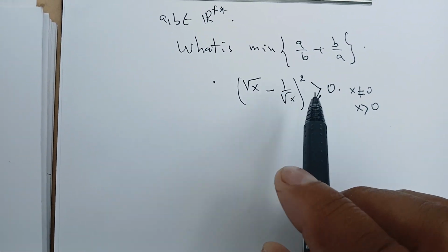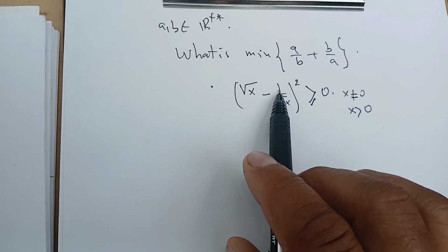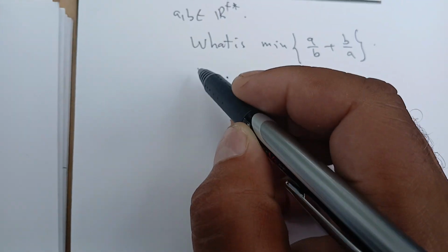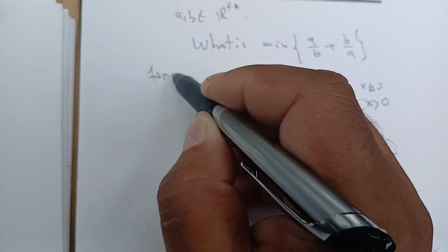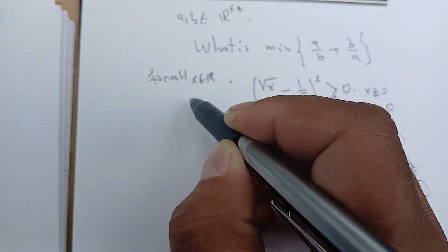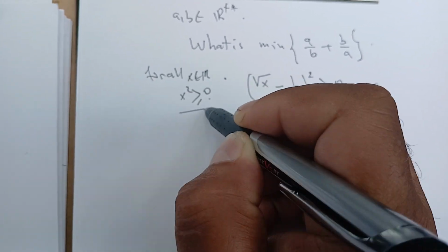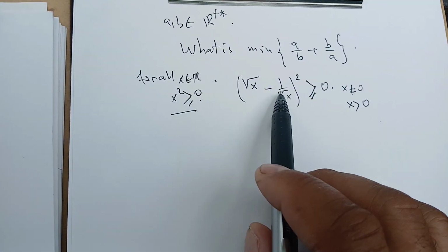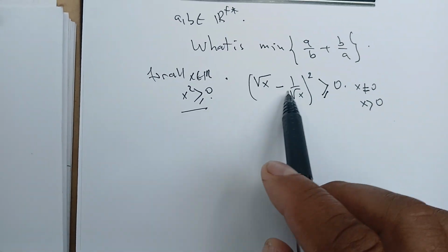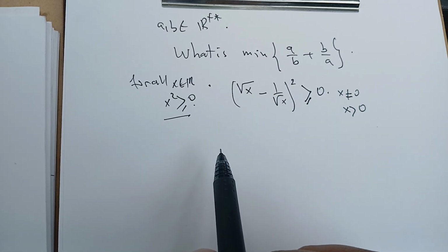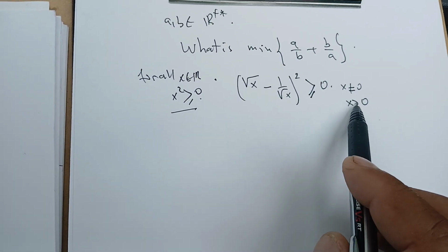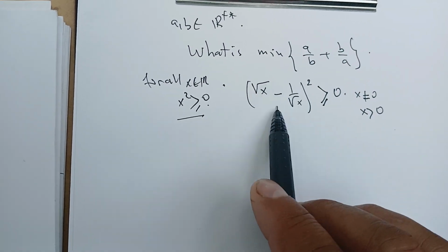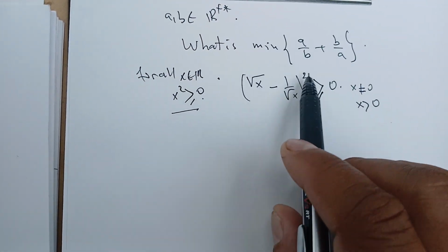This is always bigger than or equal to 0 because it's a square number. Remember that for all x in R, x squared is greater than or equal to 0. The same holds by taking this number to be x, and x here is defined only when x is positive, which corresponds to our assumption.